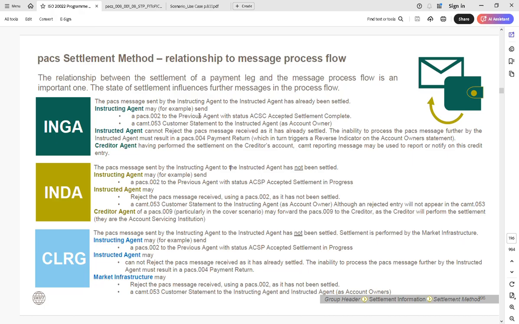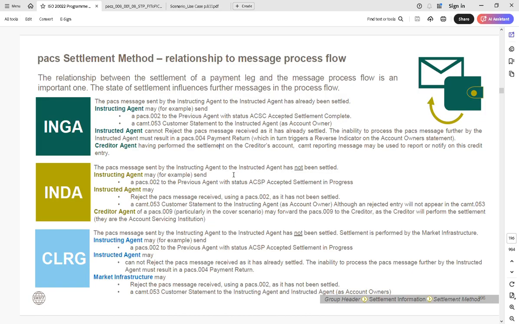The PACS message sent by the instructing agent to the instructed agent has already been settled. For example, PACS002 for the previous agent with the status account accepted settlement command. In this case, you can use it. This only mentions where you can use the instructing agent and instructed agent. What are the rules configured for doing this?